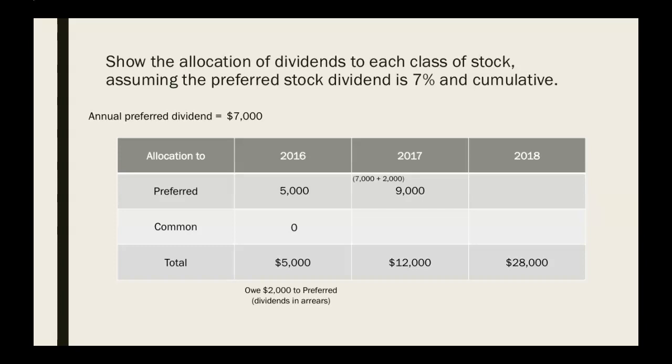We can pay them their $7,000 that they're supposed to get for 2017, plus the $2,000 that we owed them from previous years. So preferred shareholders can get a total of $9,000 of dividends this year. So if we're paying out $9,000 to our preferred shareholders, that means there's only $3,000 left over for our common shareholders.